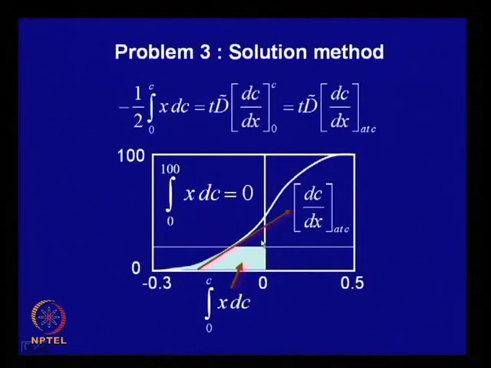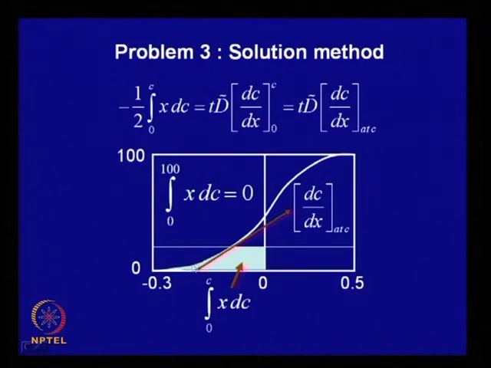Now, to find out the diffusivity, you have to again find out this area from 0 to c. Suppose this concentration is at this point, that means 0.4 or 40%. Say this is the 0.4 line or 40% line here. So, you have to find out this area. Area can be found easily using Simpson's rule or a graphical technique, and it can very easily be done in a spreadsheet if you enter the concentration as a function of distance.